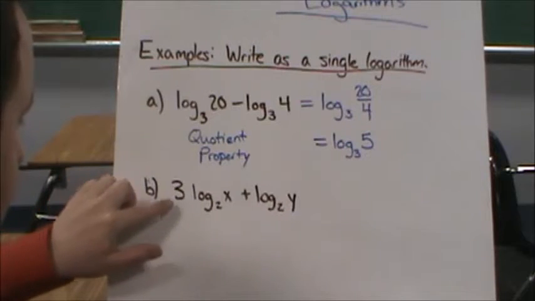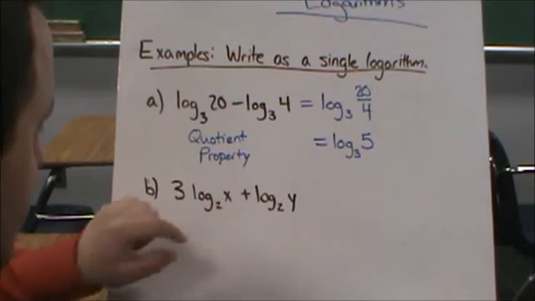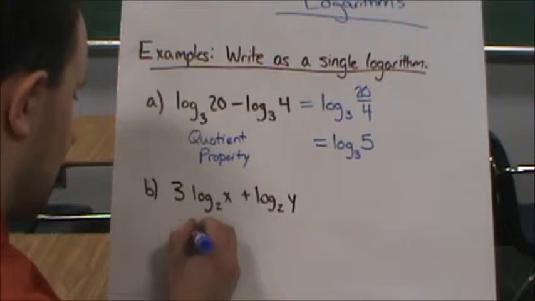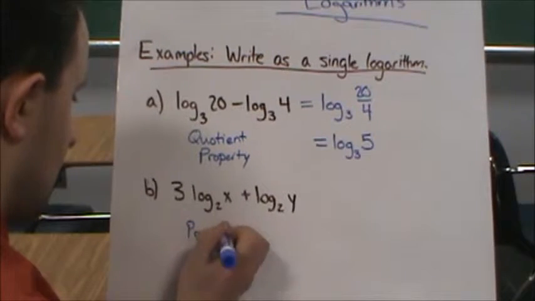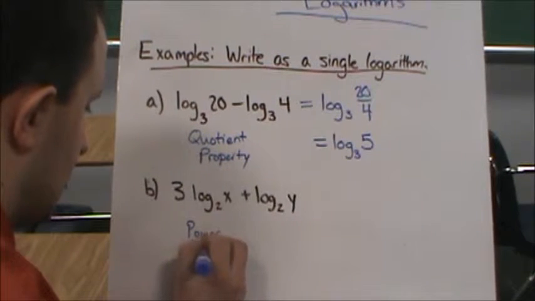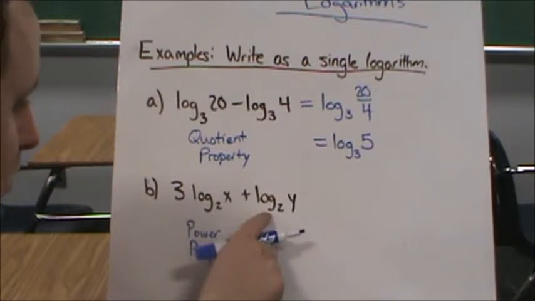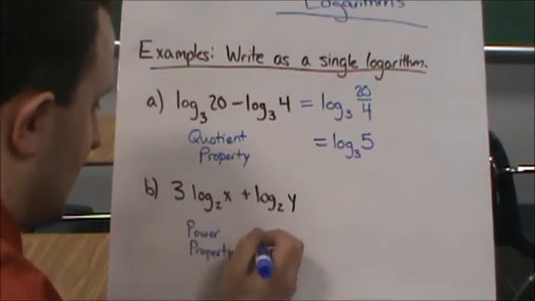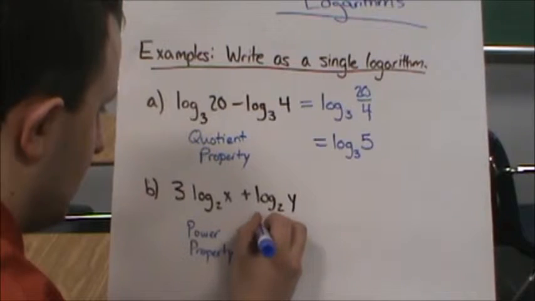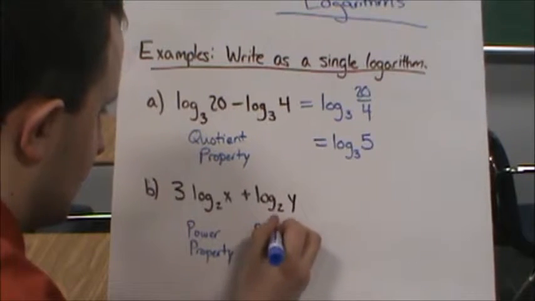For example B, you have 3 times log base 2 of x. That immediately tells me that there's going to be a power property. And after that you have a plus log base 2 of y. So you're going to have the power property and you're going to have the product property.